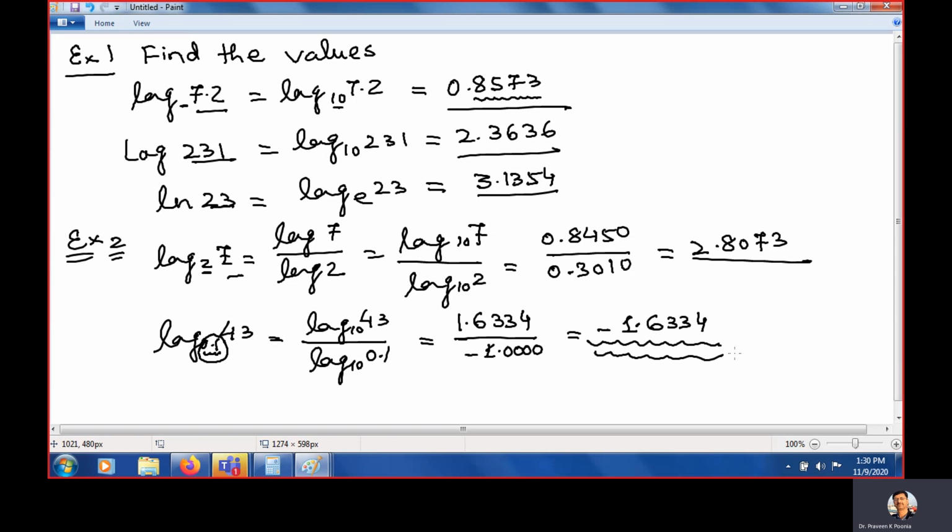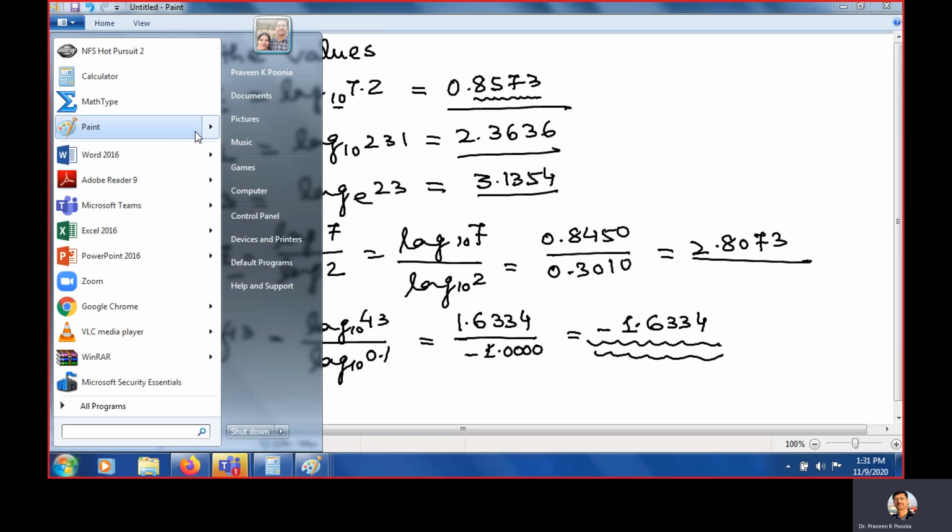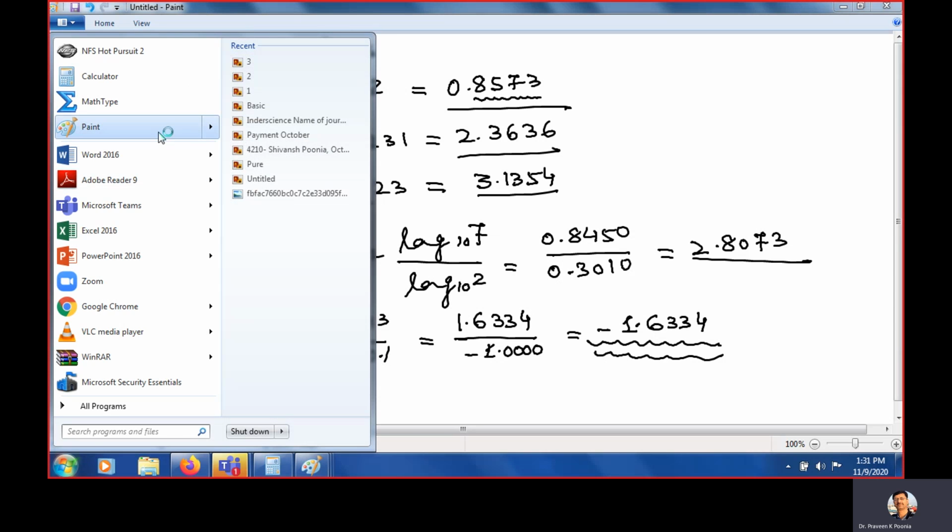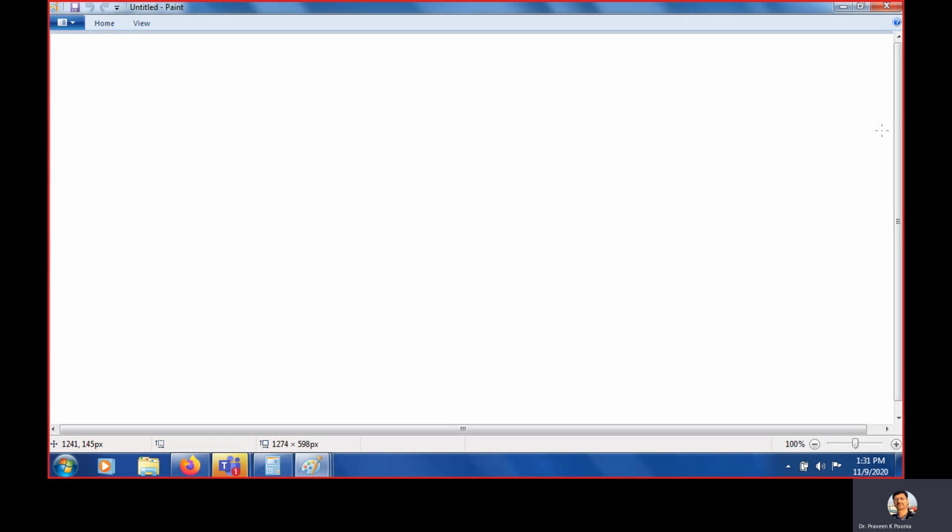These things you need to remember. This is how we calculate the value using a calculator for various logarithmic and natural logarithmic functions with different bases. Okay, so now this is one type of problem. Clear? What is the second type of problem we may ask you?